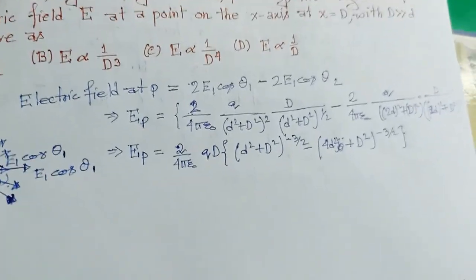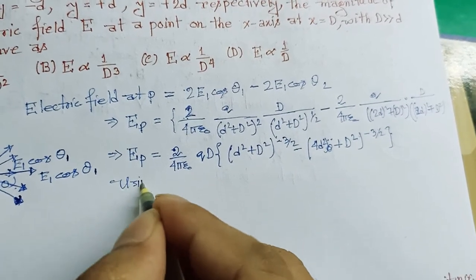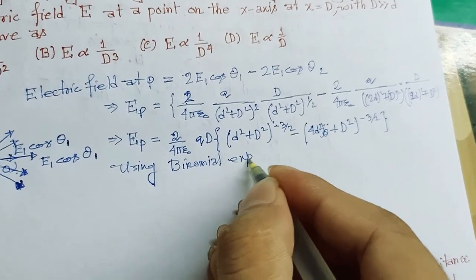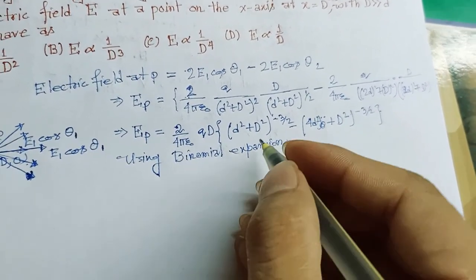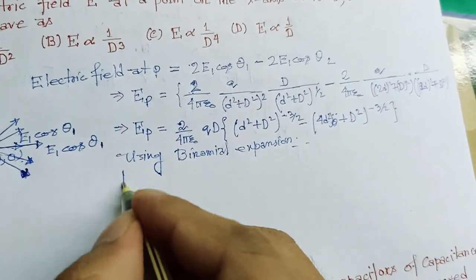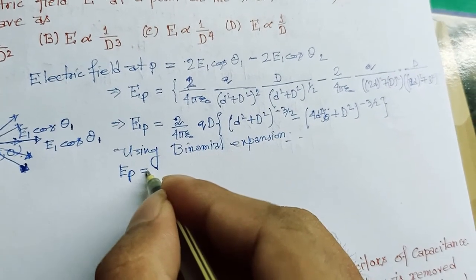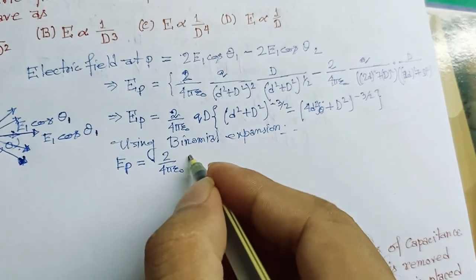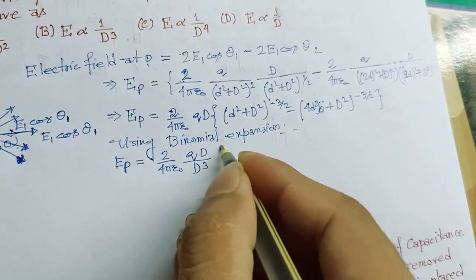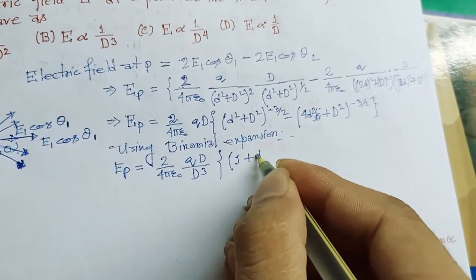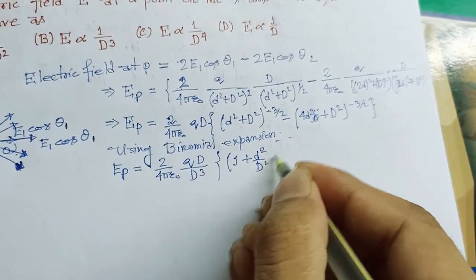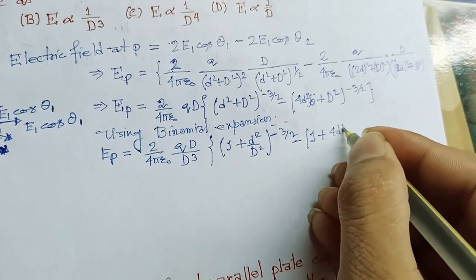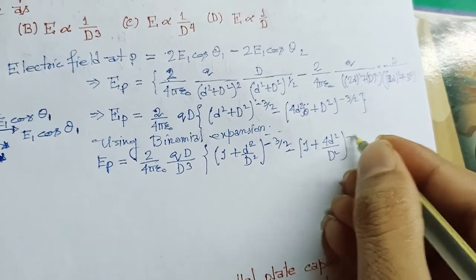Using binomial expansion, we can write the above expression as E_P equal to 2 divided by 4 pi epsilon naught into Q d divided by capital D cube, multiplied by (1 plus small d square divided by capital D square) whole to the power minus 3 by 2 minus (1 plus 4 small d square divided by capital D square) whole to the power minus 3 by 2.